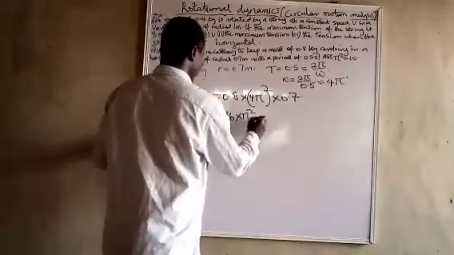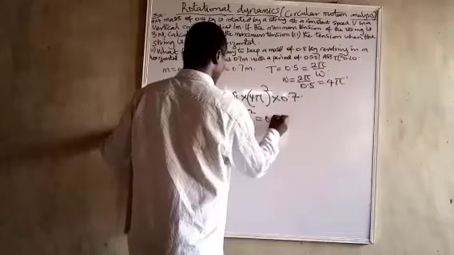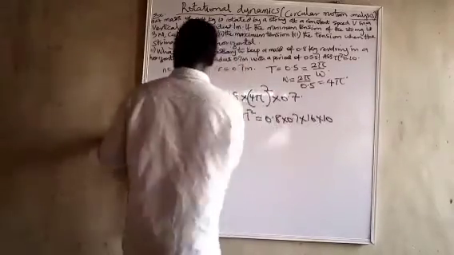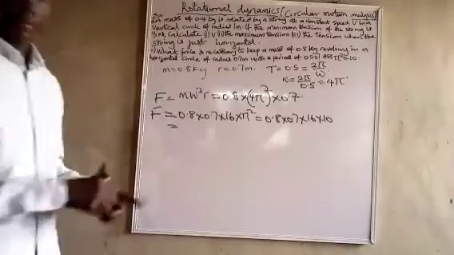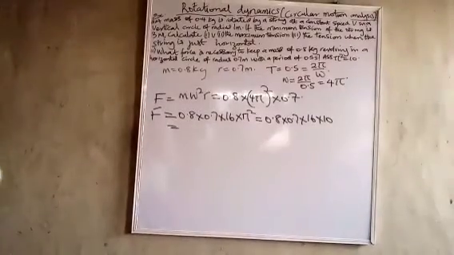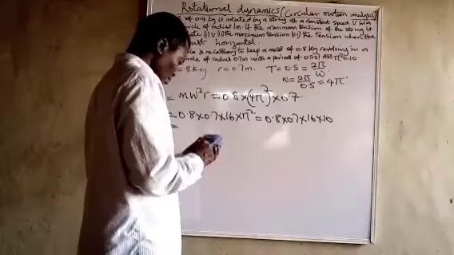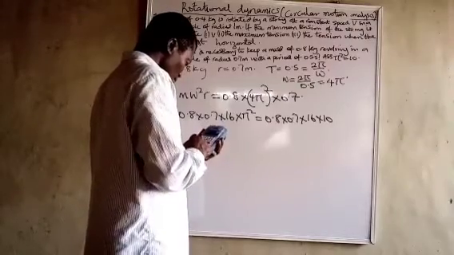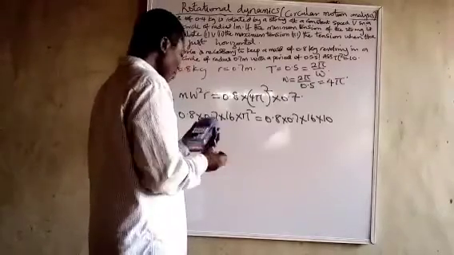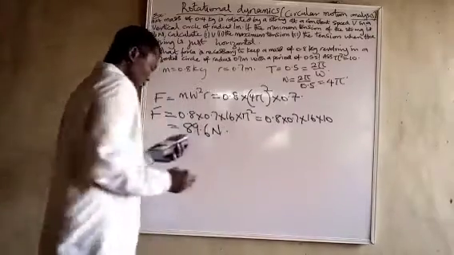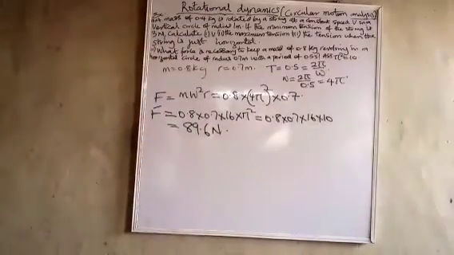So we can now say 0.8 times 0.7 times 16 times 10. That is F, which will be equal to 89.6 Newton. So that's the force necessary to keep it revolving.